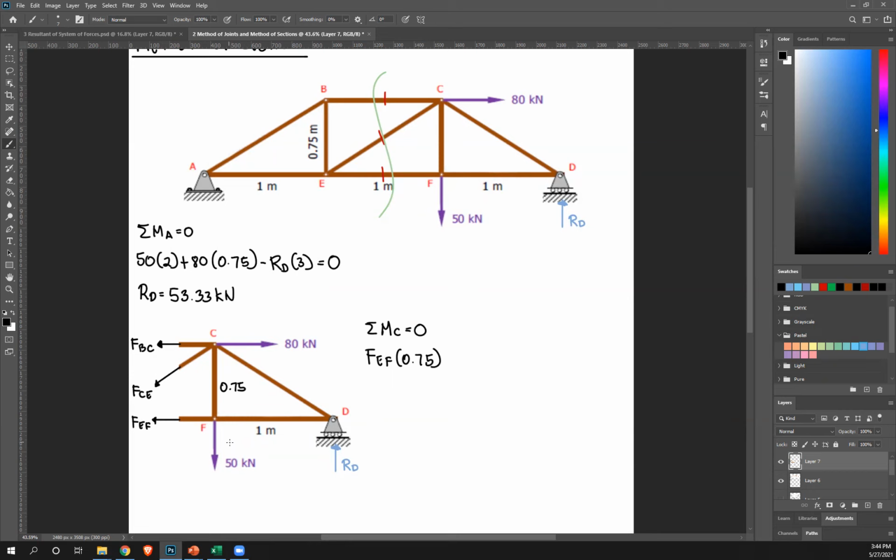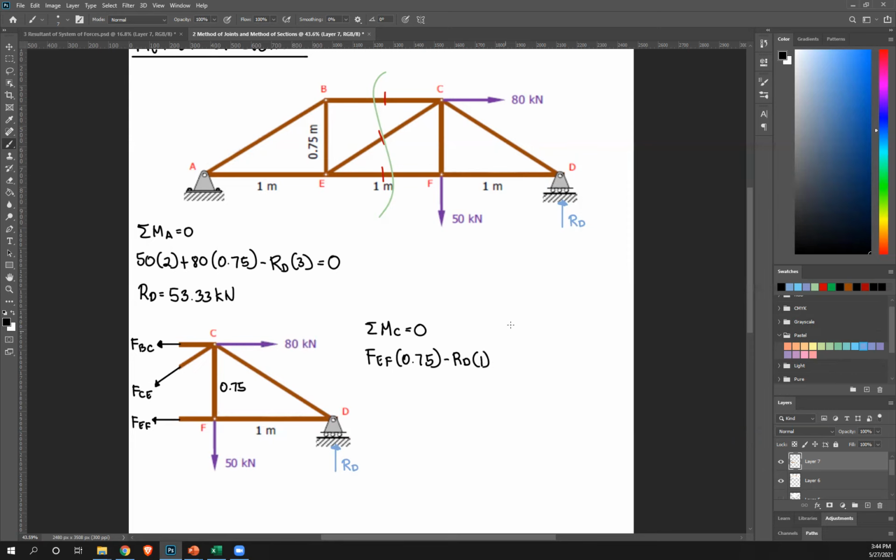Next, RD rotates about C counterclockwise, so that's negative RD. Extend the line of action of RD; the perpendicular distance to C is equal to 1.